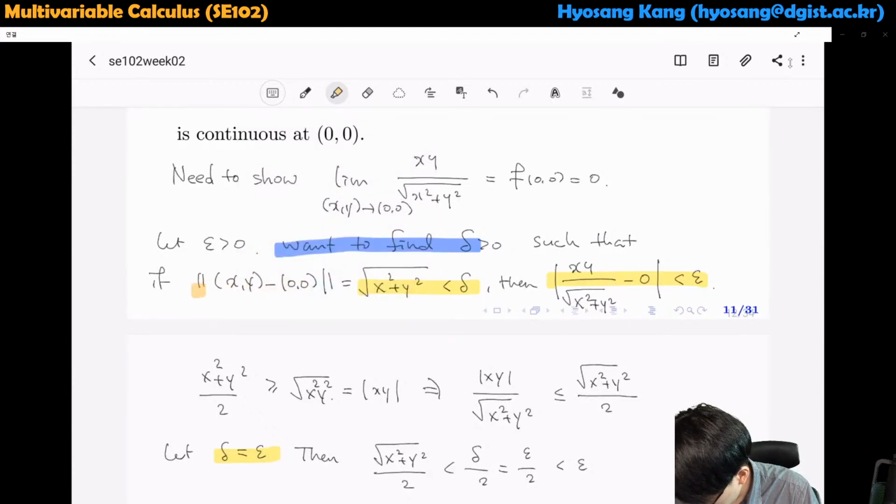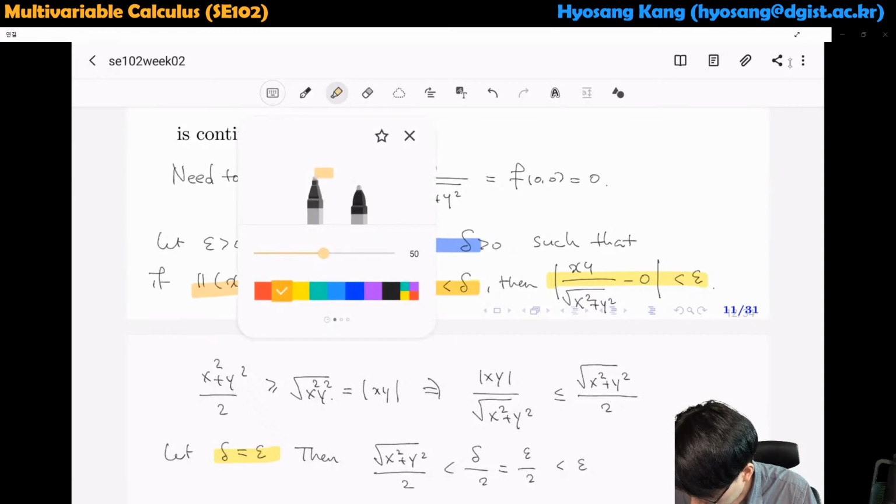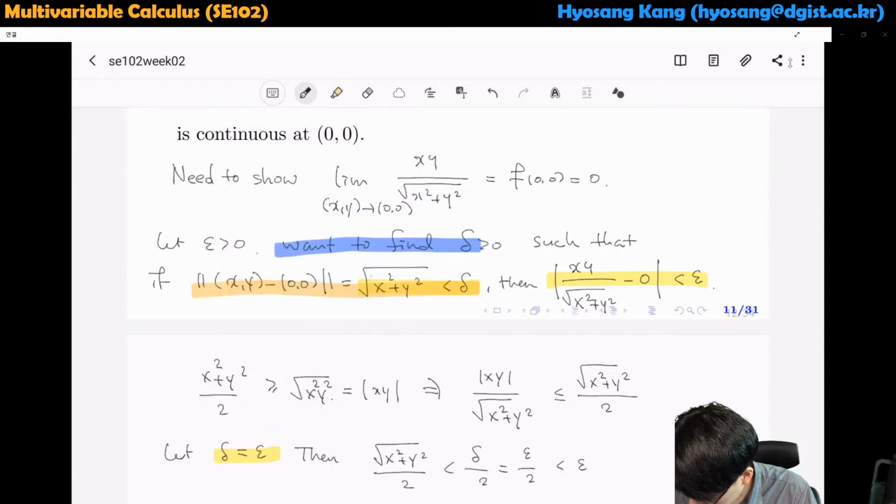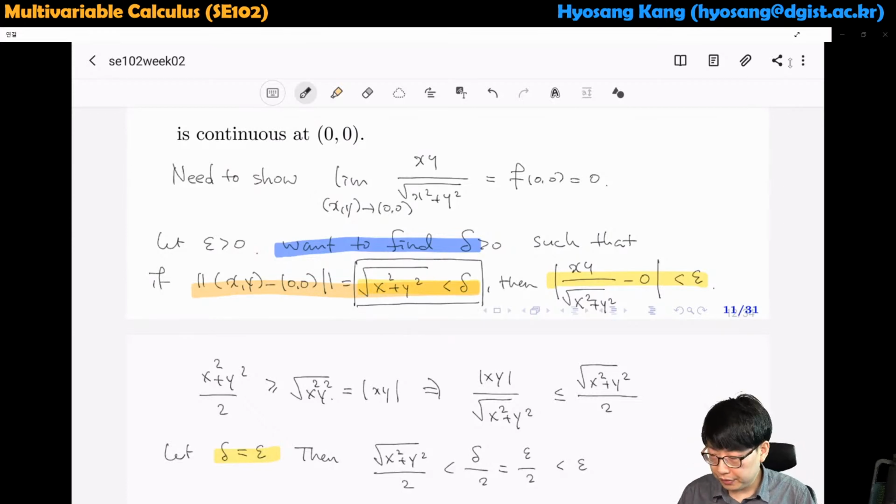Where does this inequality, square root of x squared plus y squared less than delta, come from? We're talking about the distance between the point (x,y) and (0,0), and the definition of distance by the Pythagorean theorem is the square root of x squared plus y squared.